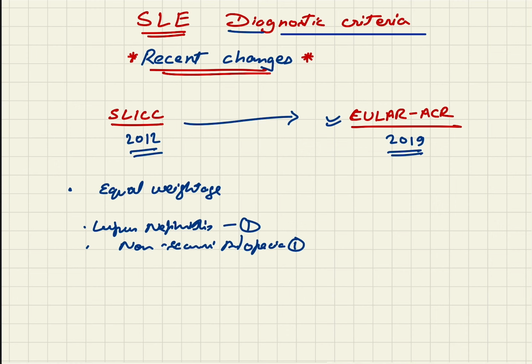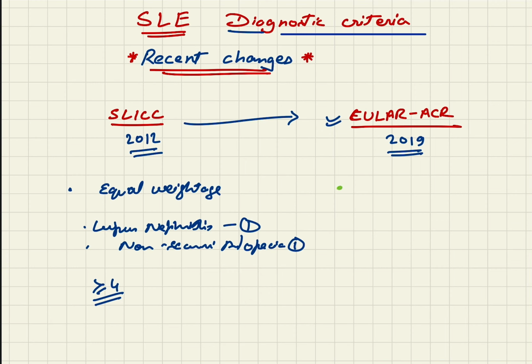Counting 4 or more parameters across the clinical and immunological criteria, these parameters have been given equal weightage, and that is not true in all cases. So we can overdiagnose or misdiagnose patients of SLE with the SLICC criteria, and it is less accurate. So now, considering all these findings, the EULAR/ACR criteria have been developed.